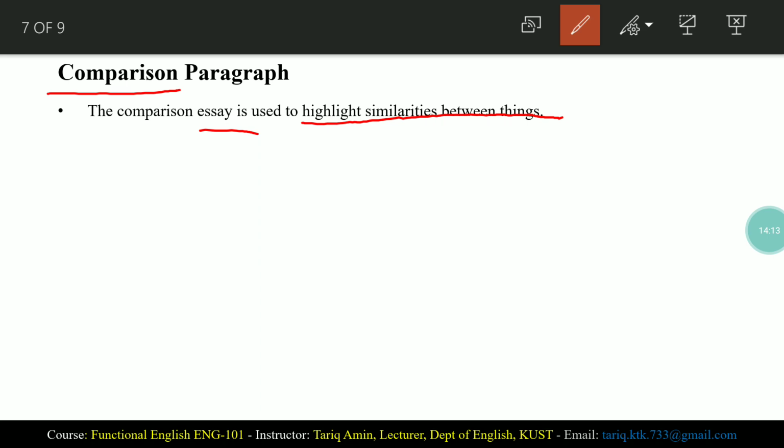And you can also write a comparison paragraph on different universities. For example, you can compare Part University to Gomer University, or National University of Modern Languages to Islamic International University, Islamabad. So comparison paragraphs are about the comparison of different things.